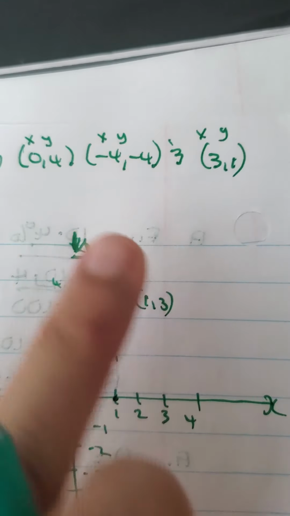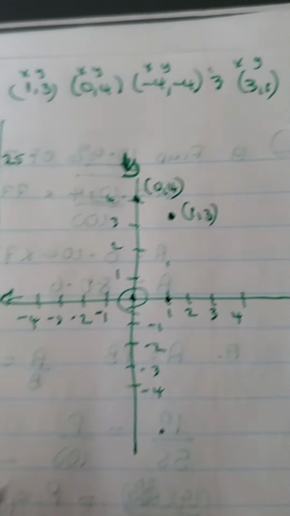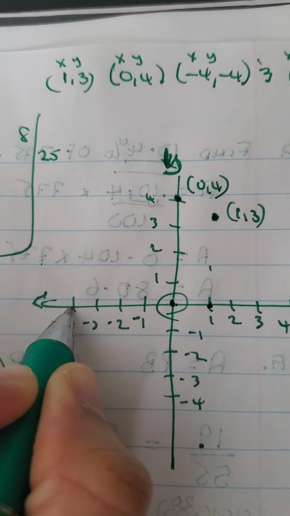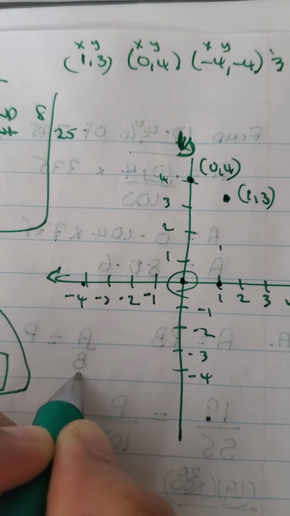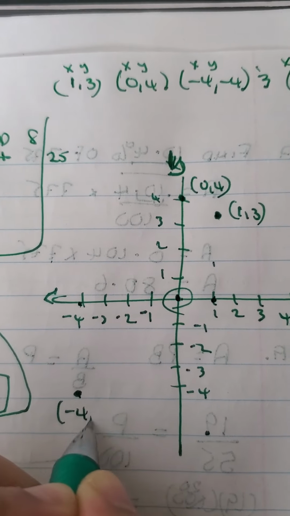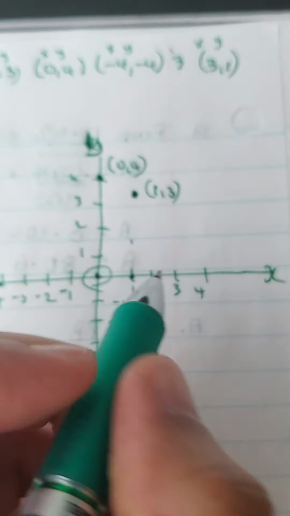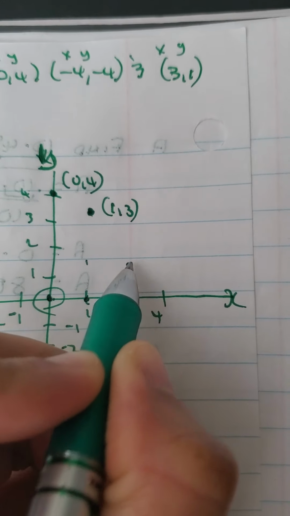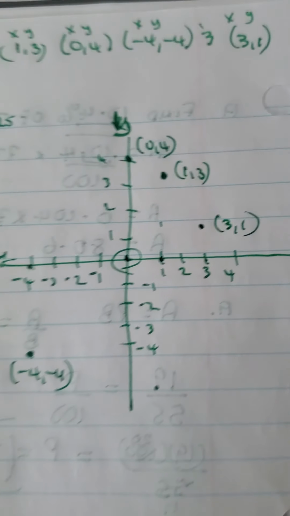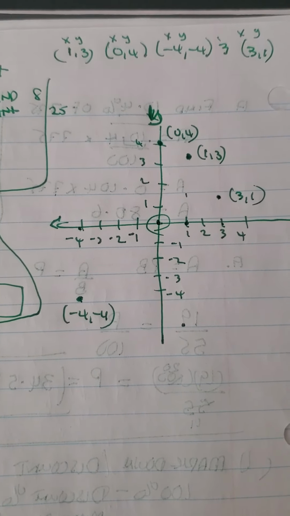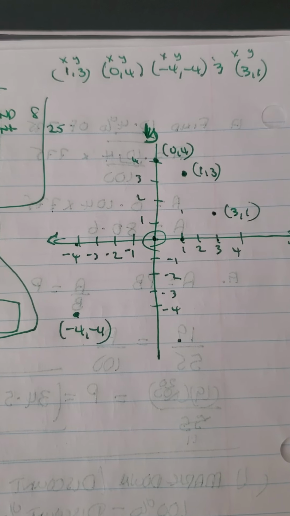Our next pair says when x is -4, so from 0 we go 4 places left, y is -4, so it's somewhere down here. And then it's saying when x is 3, y is 1, so 3 and 1. And that's all there is to graphing until you see the next level of math where they get more in depth. So that's number 25.